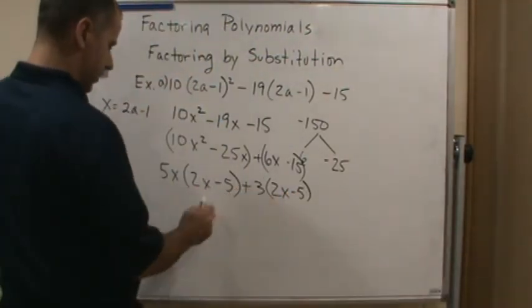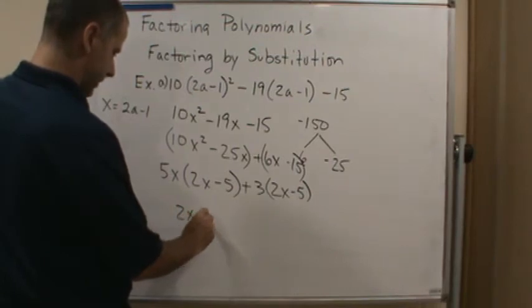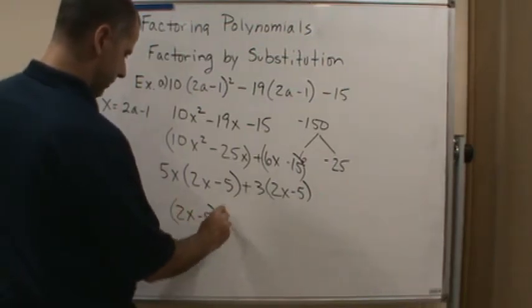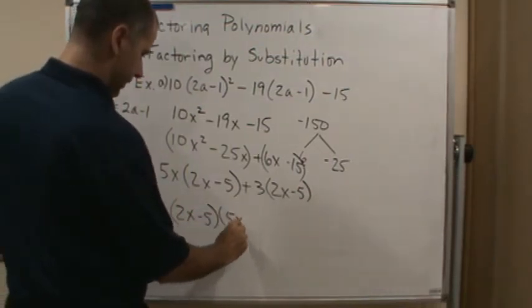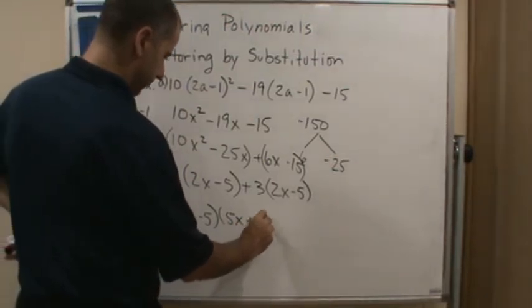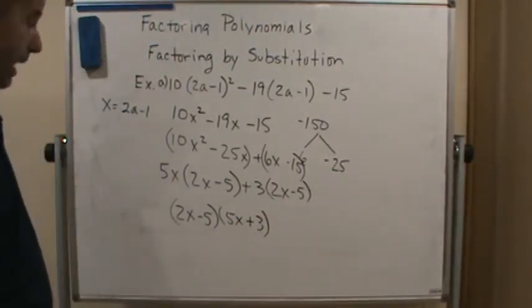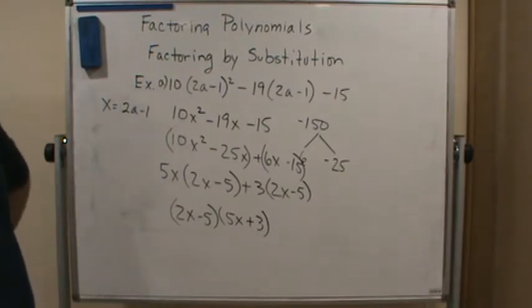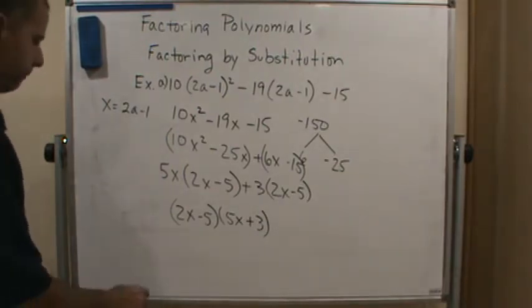And now I'm going to factor again, and I get 2x minus 5 times 5x plus 3. Now I'm not done, because now I have to put back in what x is, 2a minus 1.